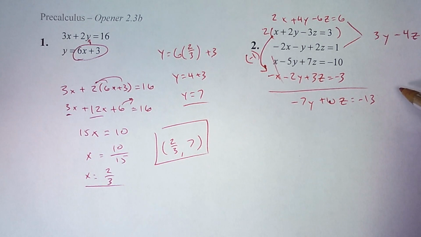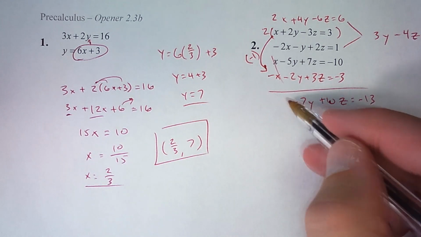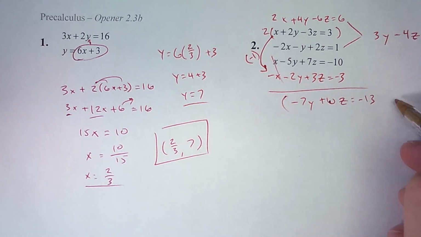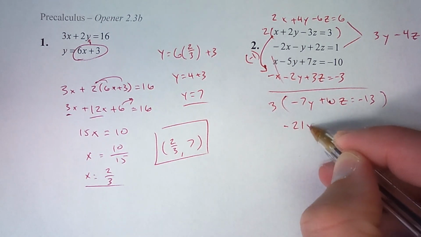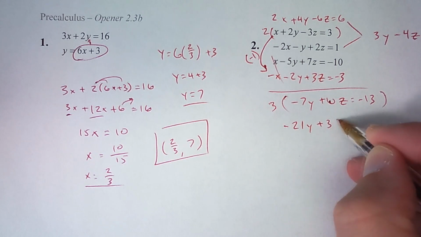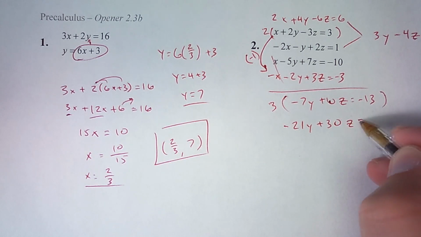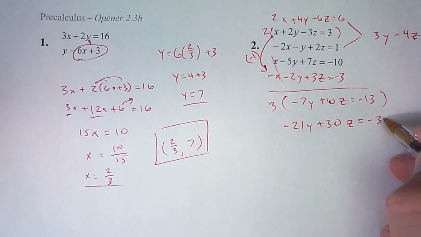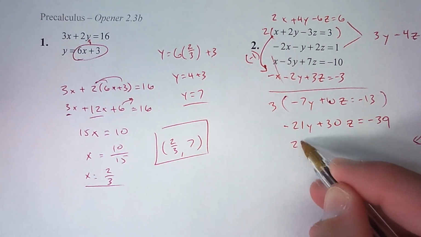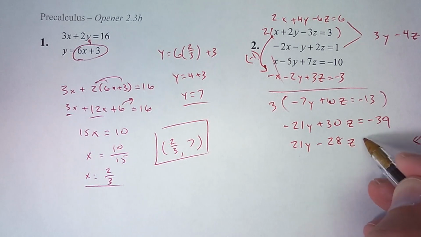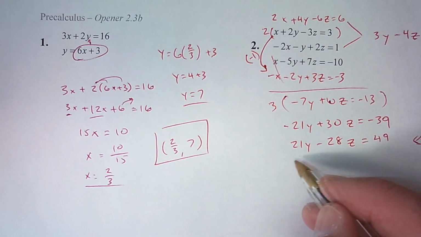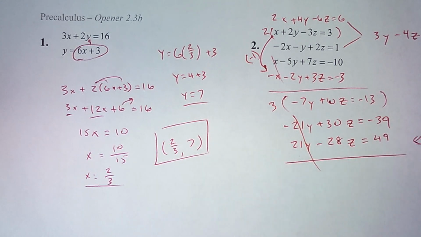Let's go ahead and do the y's. So I will multiply this equation by 3, so I get negative 21y plus 30z equals negative 39. And I'll multiply this one by 7 and get positive 21y minus 28z equals 49. And the y's will now cancel.